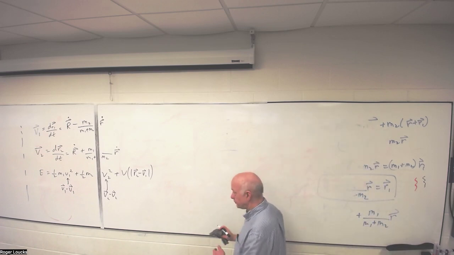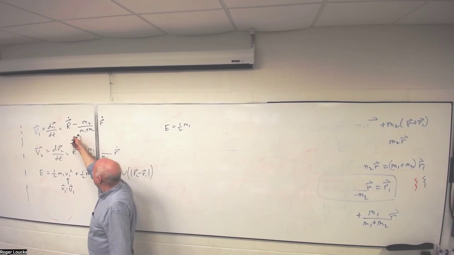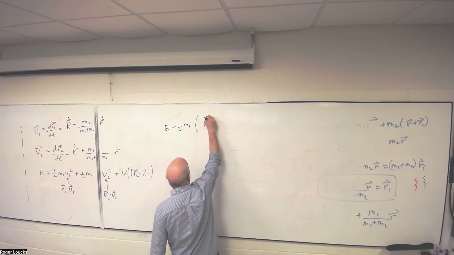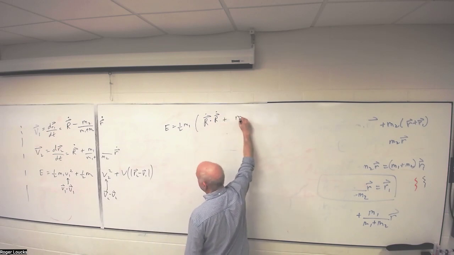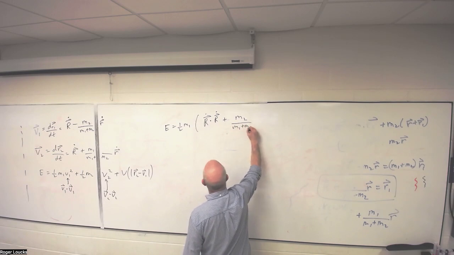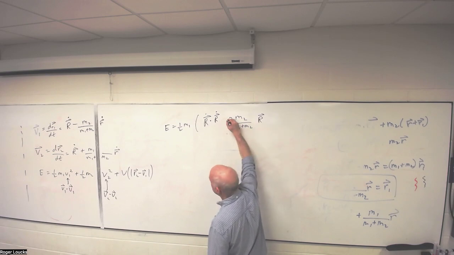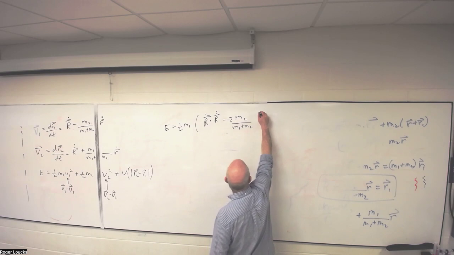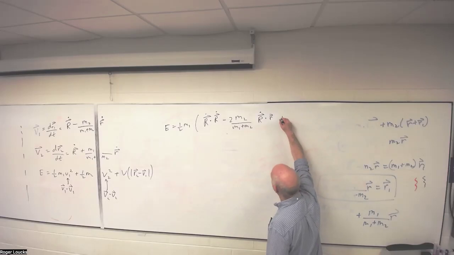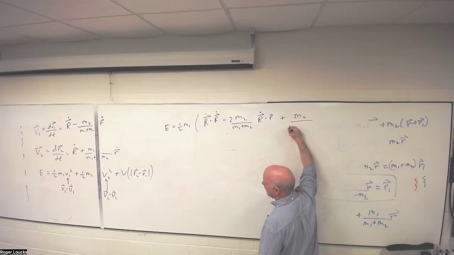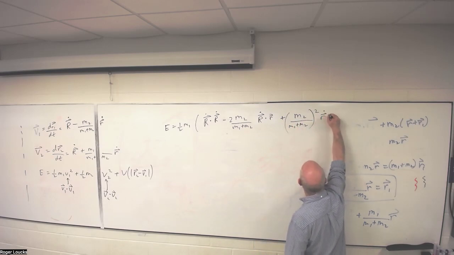So if you do this, what happens? You get E equals 1/2 m1 times, if I dot this into itself, R dot R dot, plus m2 over m1 plus m2, actually there's a minus up there, r dot r dot, and then plus m2 over m1 plus m2 squared, r dot r dot.